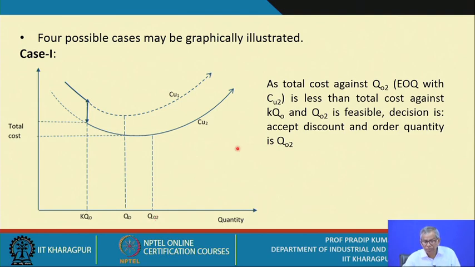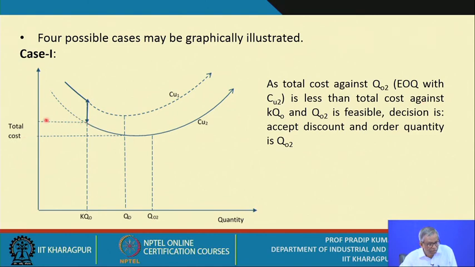Now the question is whether you will accept the discount or not. So right now you are here, you will be moving along this line. This is the real one, this is the feasible alternative. So you reach over here. Obviously the total cost against Q02 is less than the total cost against KQ0.